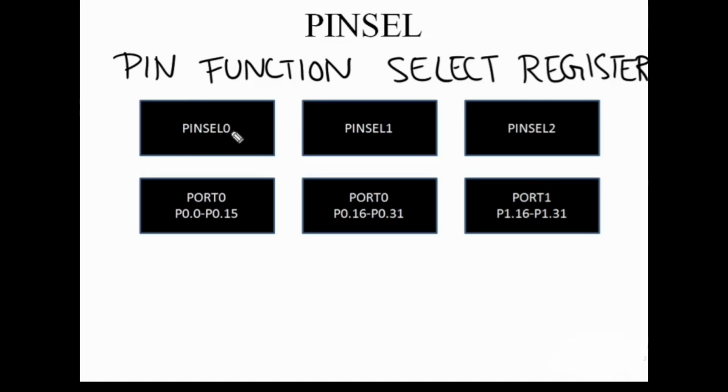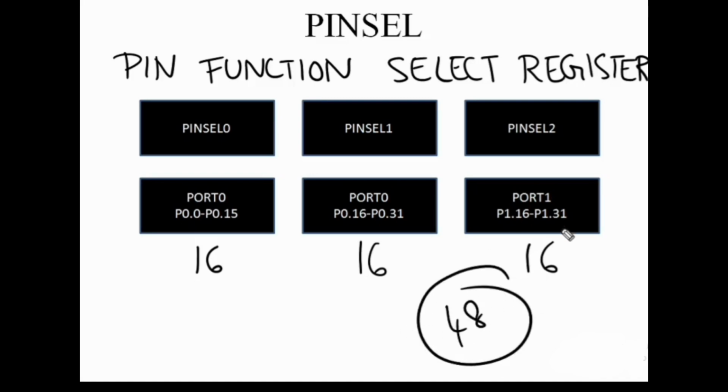PINSEL0 is used to control port 0 pins 0 to 15, that is the first 16 pins. PINSEL1 is used to control port 0 pins 16 to 31, the next 16 pins. And finally PINSEL2 is used to control the 16 pins of port 1. That is the total of 48 pins which can be controlled.